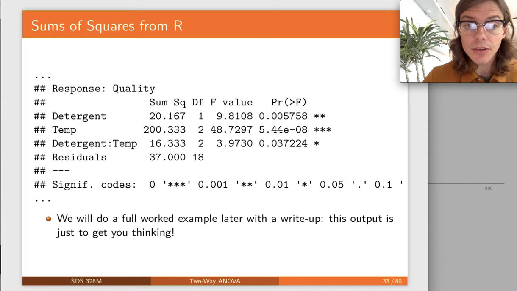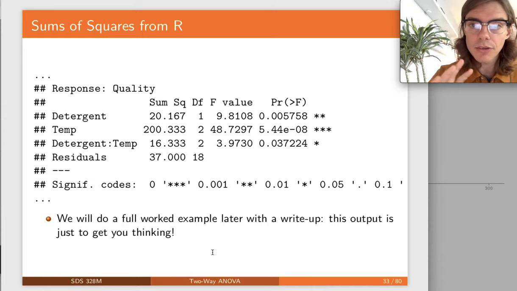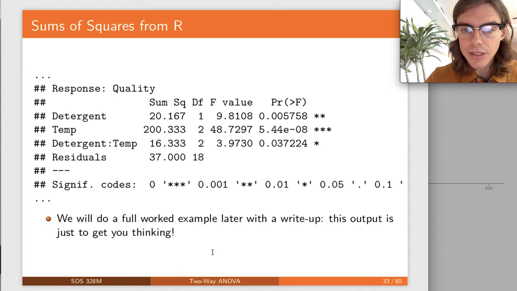The detergent sum of squares is about 20, the temperature sum of squares is about 200, the interaction sum of squares is about 16 and a third, and then your error, or residual, sum of squares is about 37. If you add all those up, you get the total sum of squares. This is just to get you thinking about this. We haven't talked about interpreting these yet. I just want to show you these are the correct sums of squares. Can we calculate them by hand? Yeah.